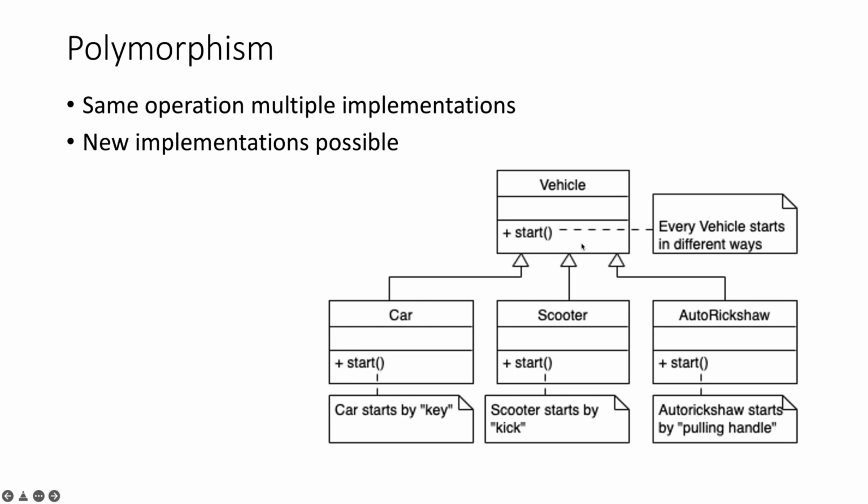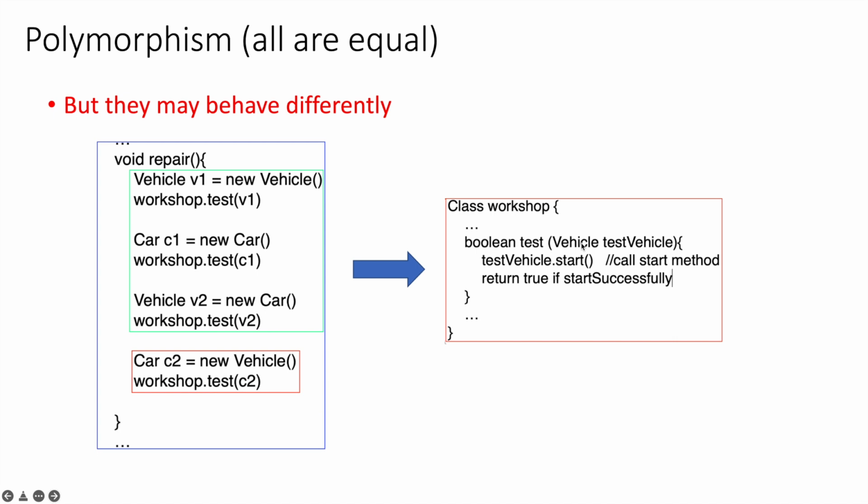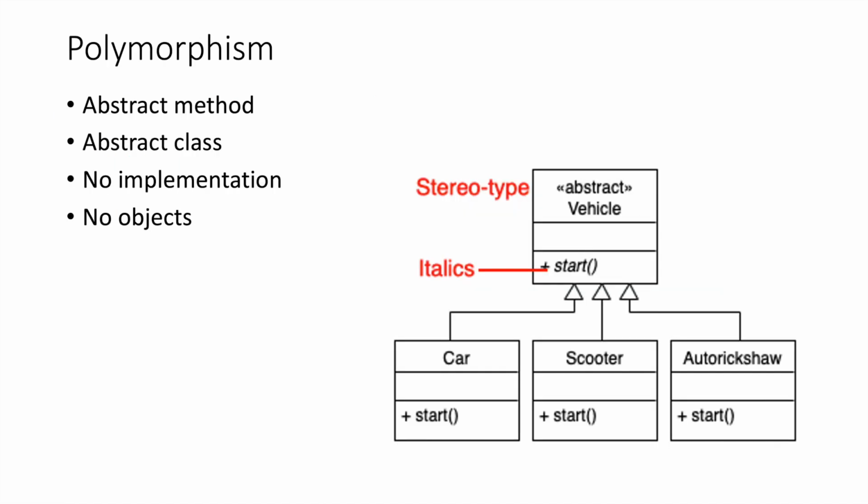This condition is fulfilled by something called an abstract method or operation. Whenever we declare this operation as abstract, the object-oriented platform allows us to get rid of its implementation. So if we declare our operation as abstract, we do not have to provide any implementation to it.